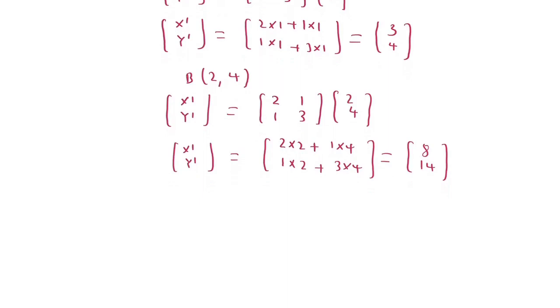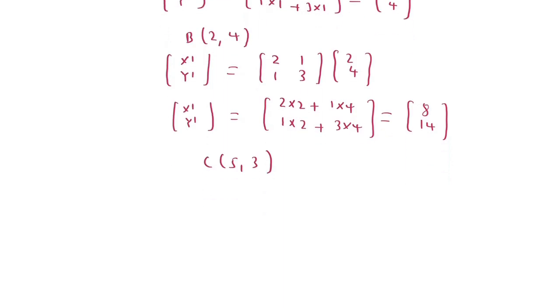Okay, so our next point is point C with 5, 3. Then the relation is going to be X image, Y image equals matrix 2, 1, 1, 3 times matrix 5, 3.